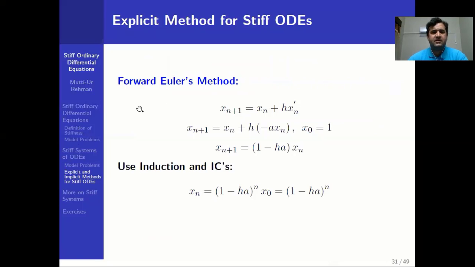So we can use the forward Euler method for this purpose, okay? So the forward Euler method says that the information available at these points can be studied with this expression.